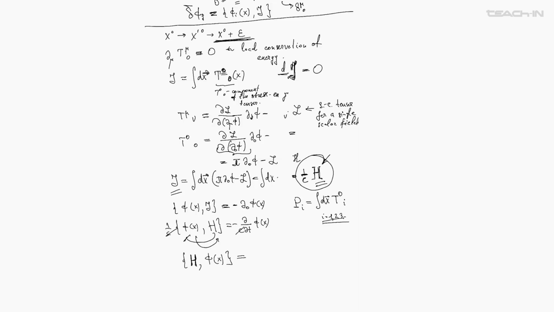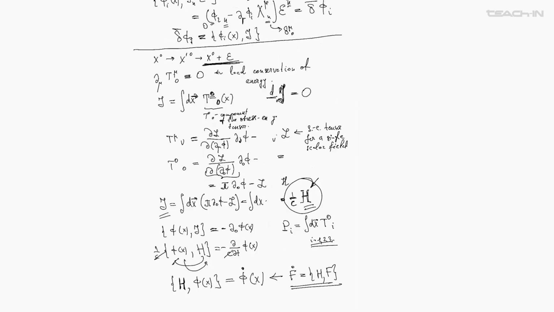And if you wish, that's exactly a manifestation of Hamilton's equations of motion, which I declared at the beginning of today's lecture. We just see that the infinitesimal generator of time translations, according to this formalism, is nothing else but the Hamiltonian for our scalar field. The Hamiltonian generates time translation.